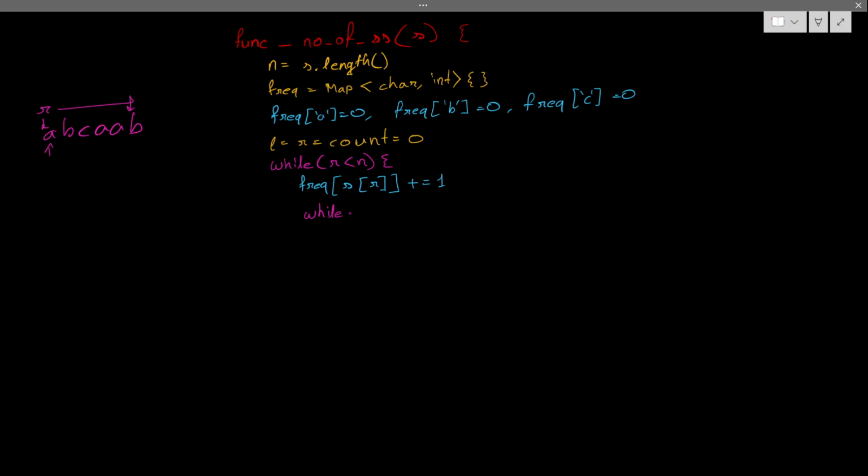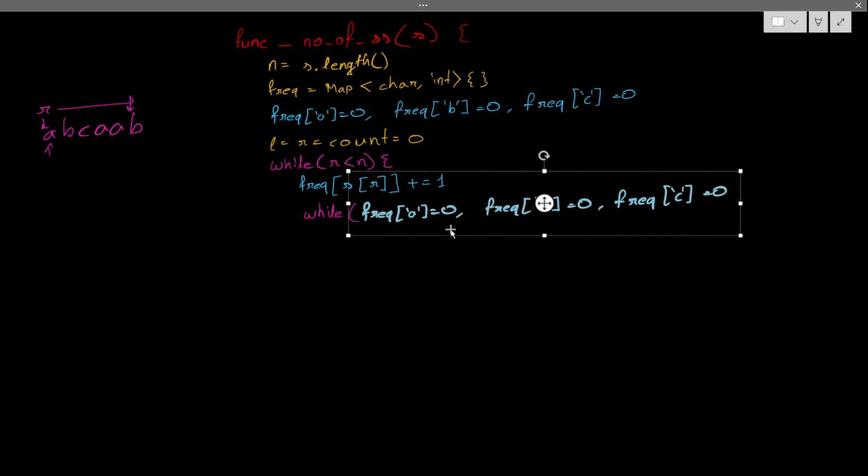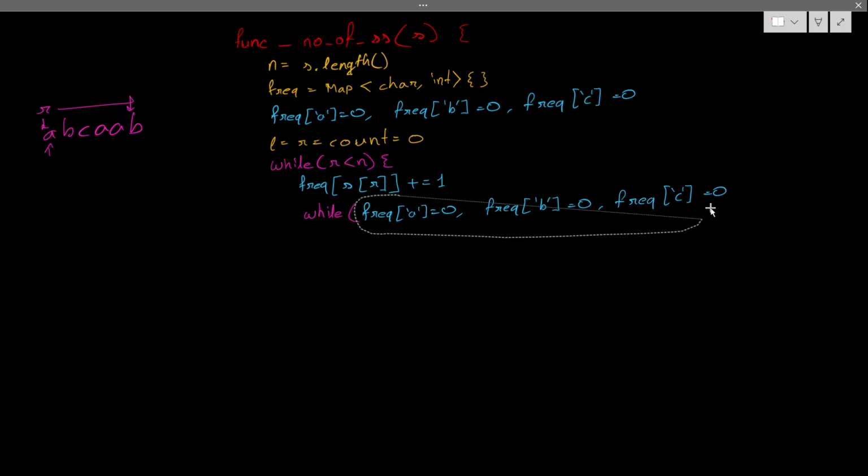So if it's a valid case, I will write another loop: while all these frequencies are valid. Let me copy and paste this example. The entire thing is valid when frequency of A is greater than 0, and frequency of B is greater than 0, and frequency of C is also greater than 0.